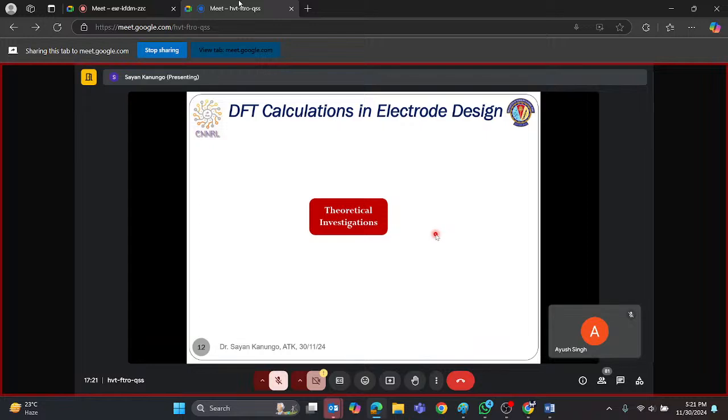The theoretical investigation can reliably predict and thereafter screen the potential 2D material systems which are much more suitable for the ideal supercapacitor electrode design.